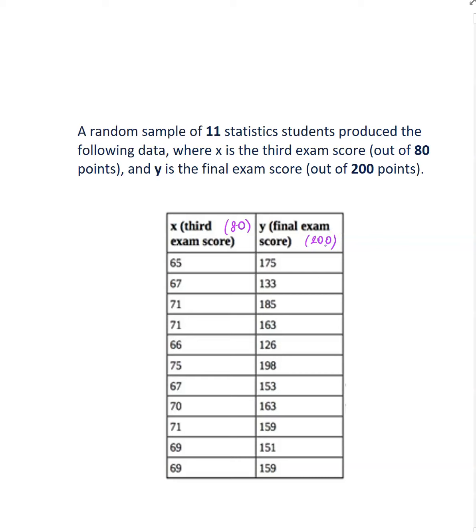Now go ahead and again clear your lists and call this L1 and L2. They already gave us X and Y, so we'll keep it the way it is, L1 and L2. If it is X and Y, you know that X goes on the horizontal axis and Y goes on the vertical axis.